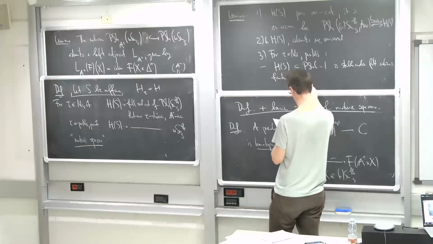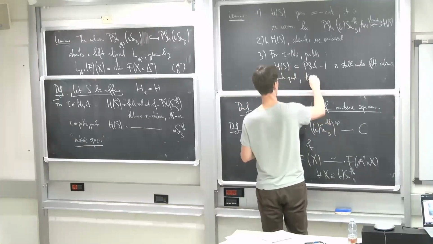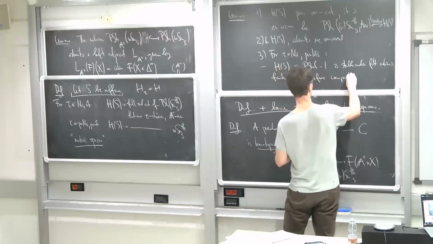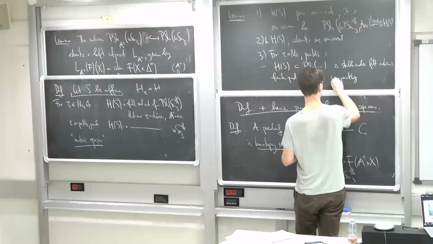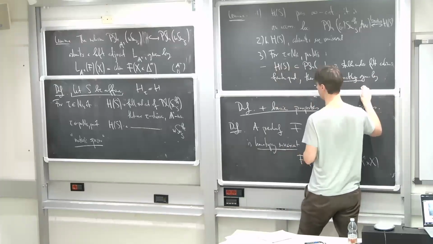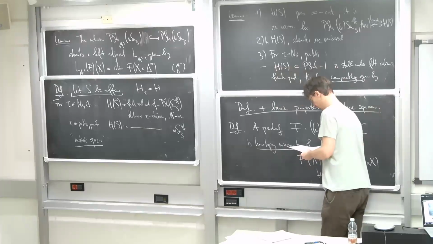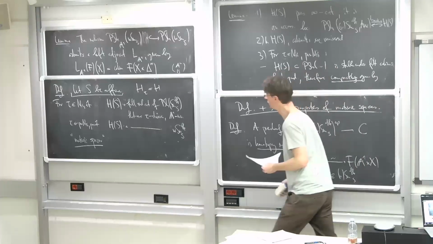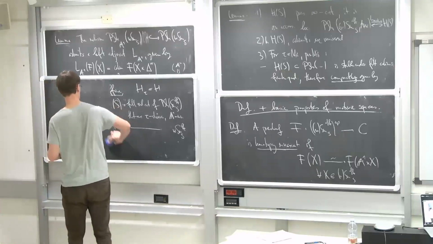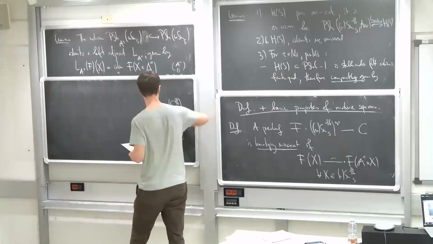And therefore it is compactly generated. By what? Basically by representable sheaves, or rather their motivic localizations.